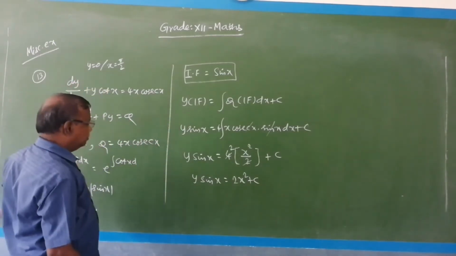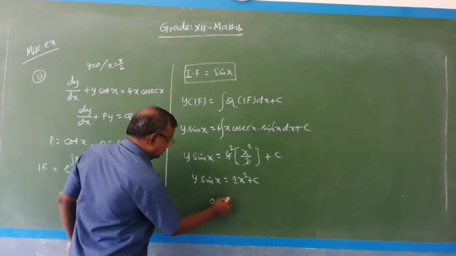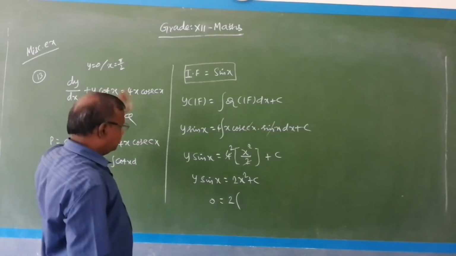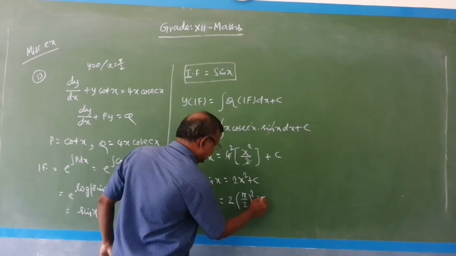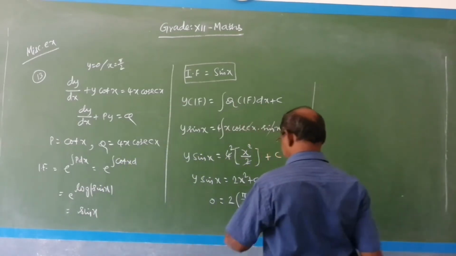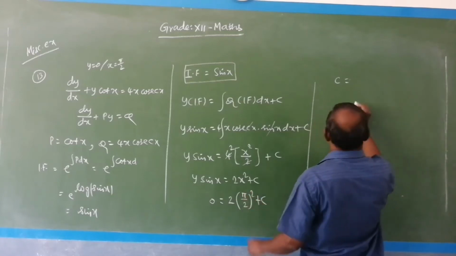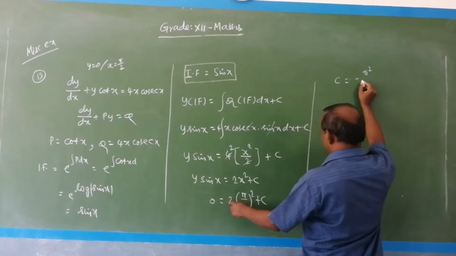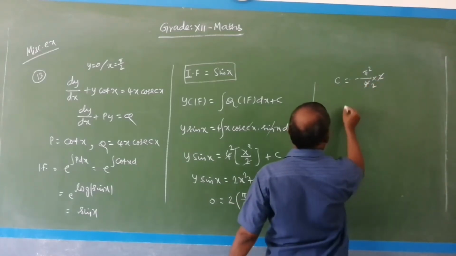We are given that y equal to 0 and x equal to pi by 2. So y equal to 0 means the entire left term is 0, equal to 2 into, putting x equal to pi by 2, the whole square, plus c. So c equal to minus pi square by 4 into 2, that is pi square by 2.